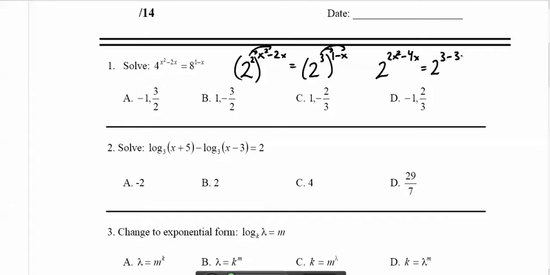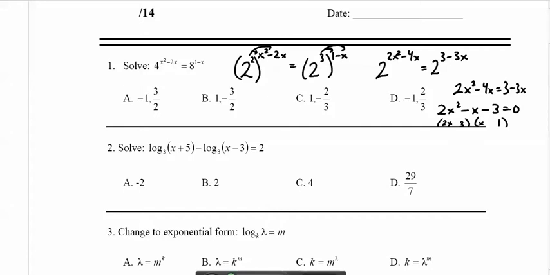minus 3x. So if the bases are the same, then the exponents must be the same. 2x squared minus 4x must be 3 minus 3x. Making everything equal to 0 on one side, we get 2x squared minus x minus 3 equals 0, and factoring, looking for two numbers that multiply to 2, and then two numbers that multiply to 3 for the back of the brackets.